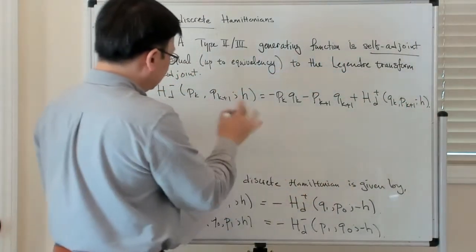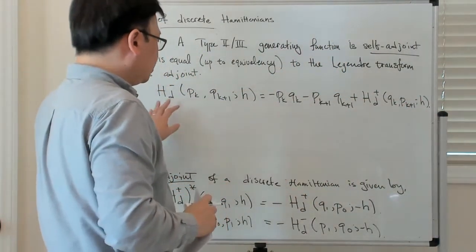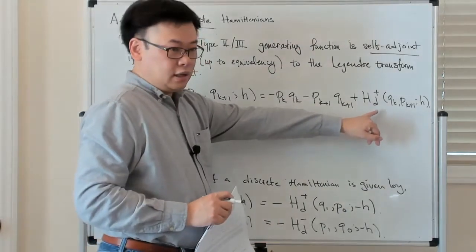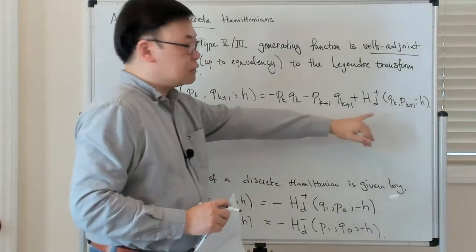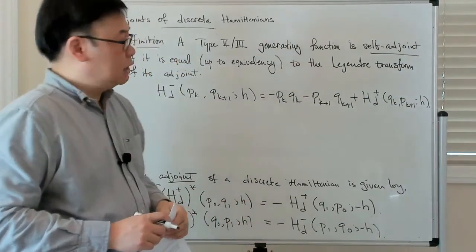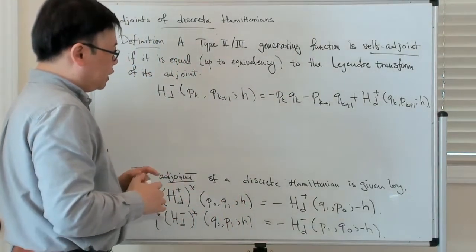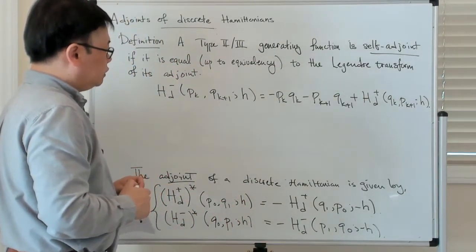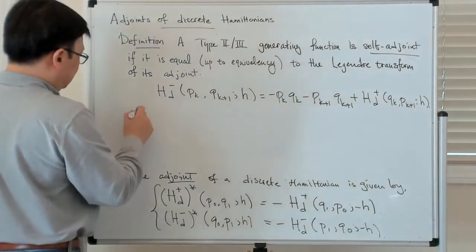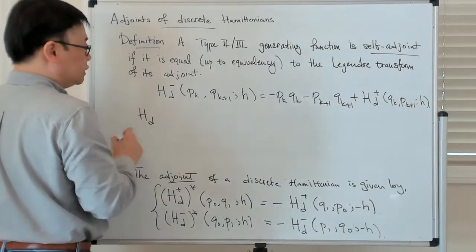So this is the Legendre transform, which relates two different types of generating functions, which both generate the same symplectic map.